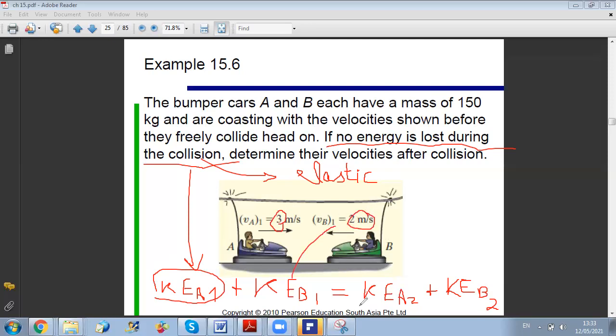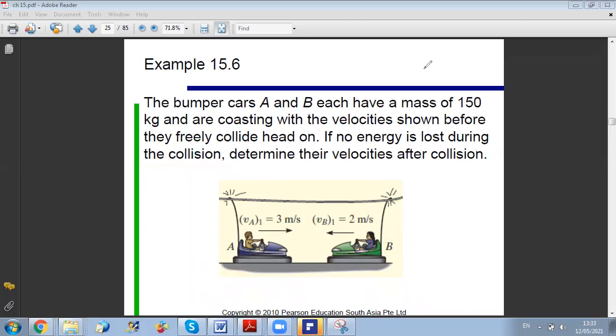Okay, but for the second side, you have two unknowns, so you can just replace by half times the mass of A, and so on. Because A and B have equal mass, you just have to simplify the mass. Half m can be simplified from all terms. Okay, and you just end up with VA1 squared plus VB1 squared equals VA2 squared plus VB2 squared.